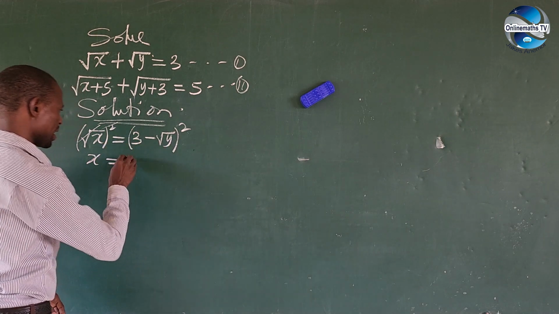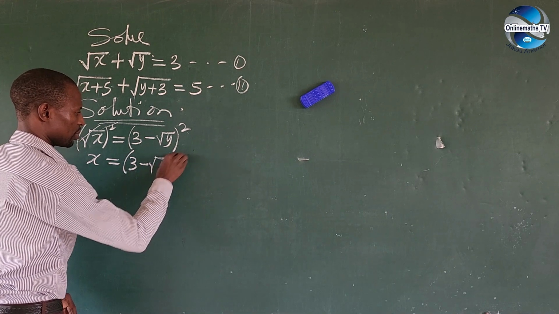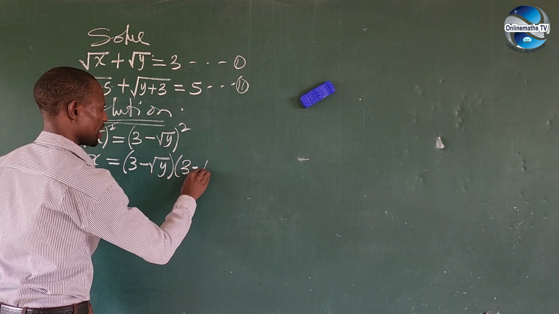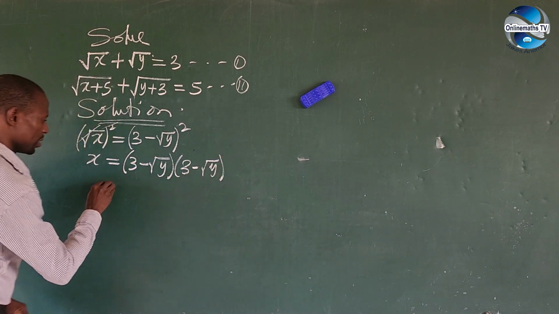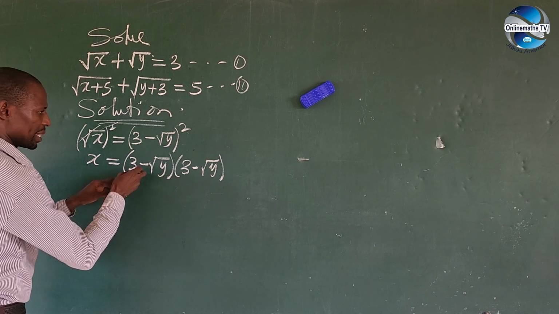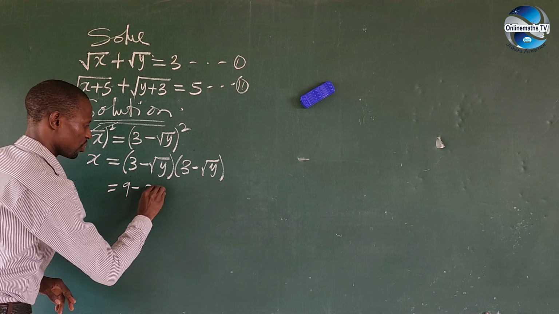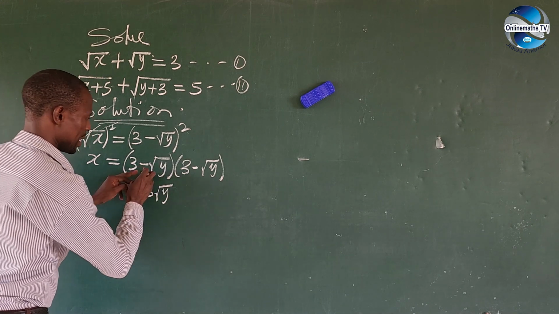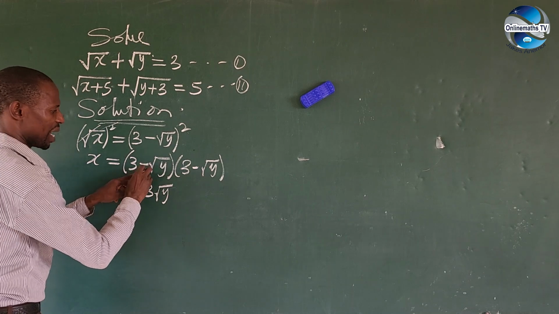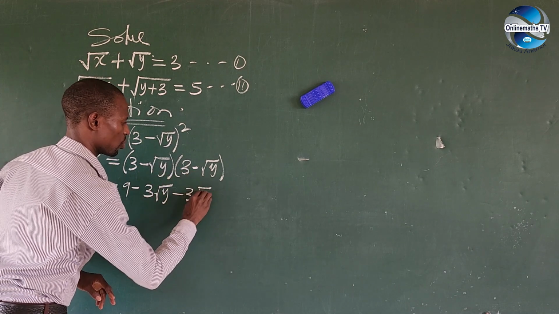But if you are confused there, let's go systematically, step by step. This will give us 3 minus the square root of y, squared. 3 times 3 gives 9. Then 3 times minus root y gives minus 3 root y. Again, minus root y times 3 gives minus 3 root y.